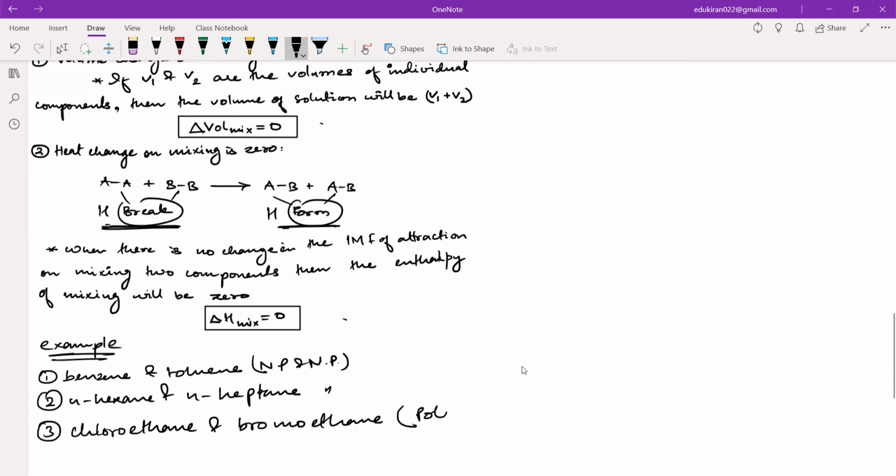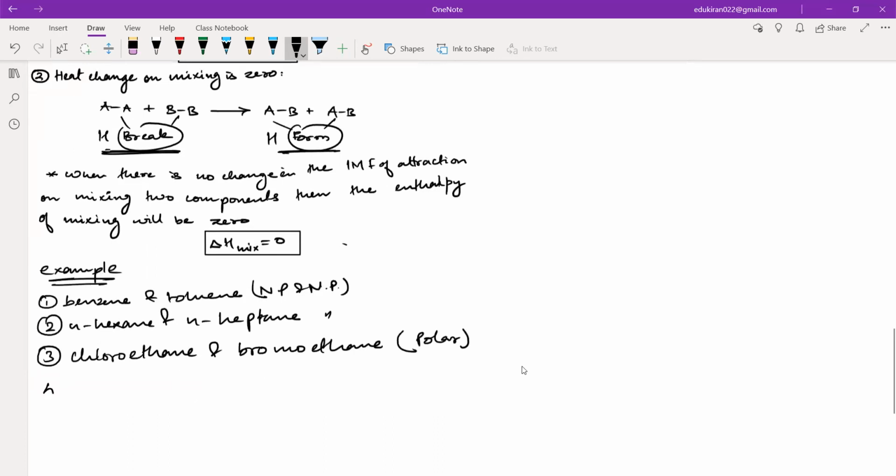Both of these are polar molecules. Fourth में आप एक और example लिख सकते हैं, phenol and aniline. So phenol and aniline, what happens? You have hydrogen bonds in both cases. And what is happening after that? Even if you mix them, you will be forming more and more hydrogen bonds only. Okay, you can keep them as ideal solutions.